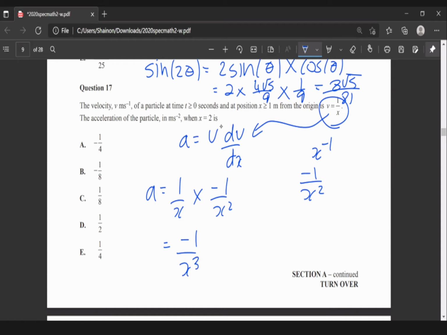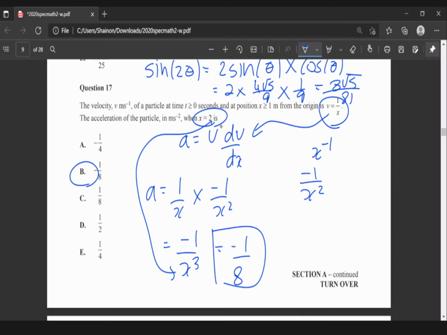We let x equals 2. So it's just going to be -1/8. So that should be B.